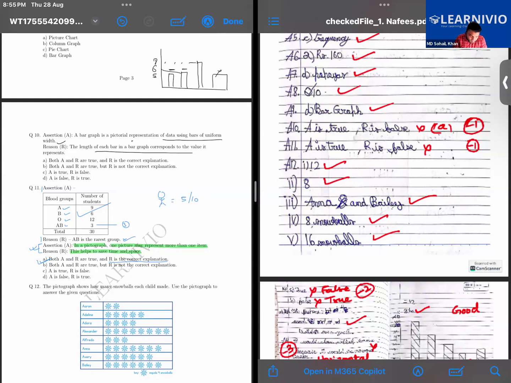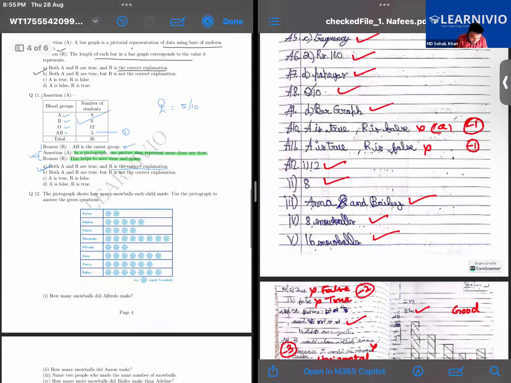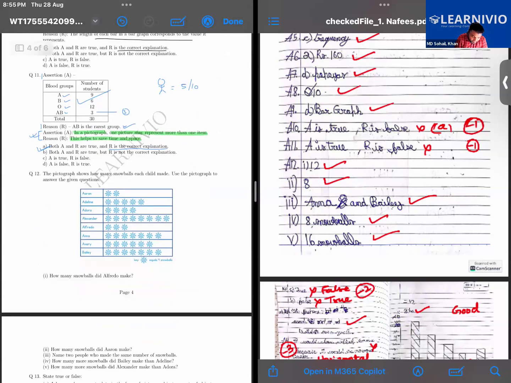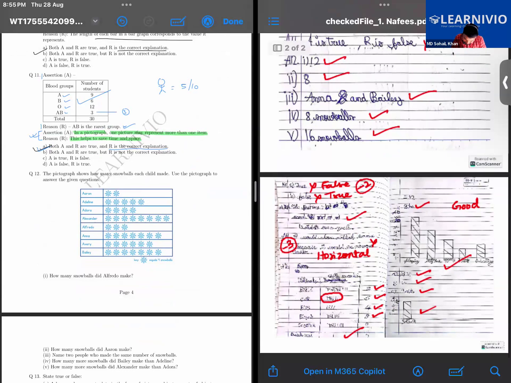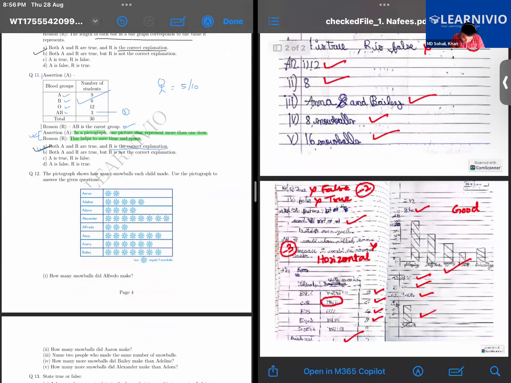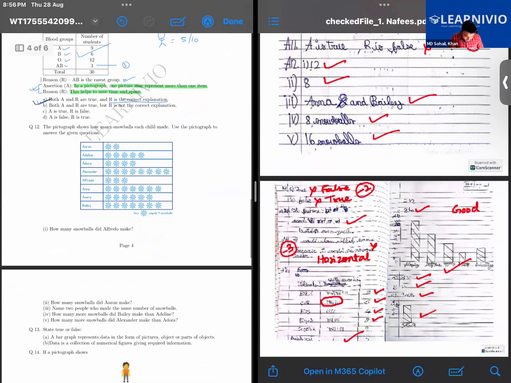So all of them are representing some value. Hence both assertion and reasoning are correct and reasoning is the correct explanation. As for question number 11 also, as we discussed, the answer would have been option A: both A and R are true, and R is the correct explanation. And that is question number 13, I guess.